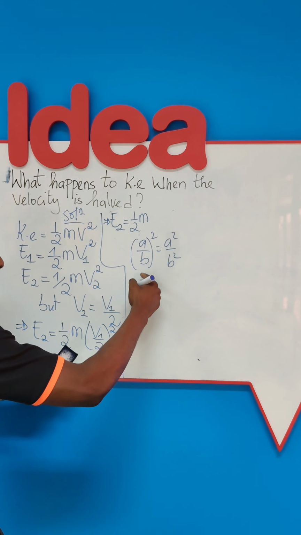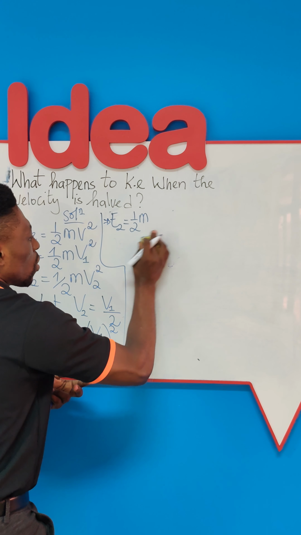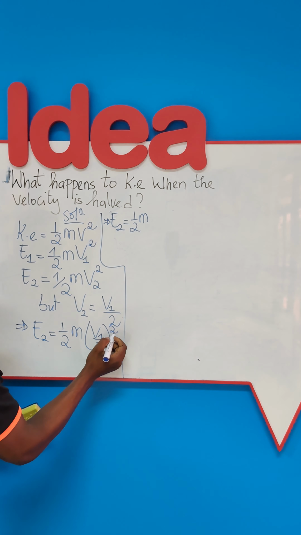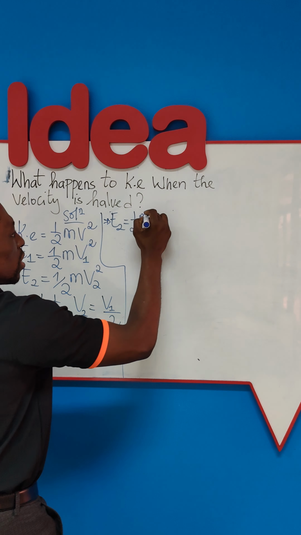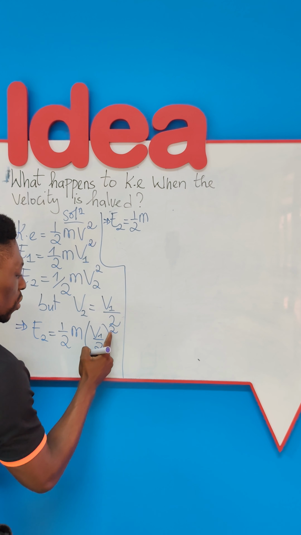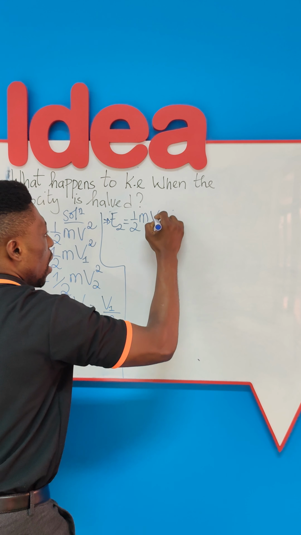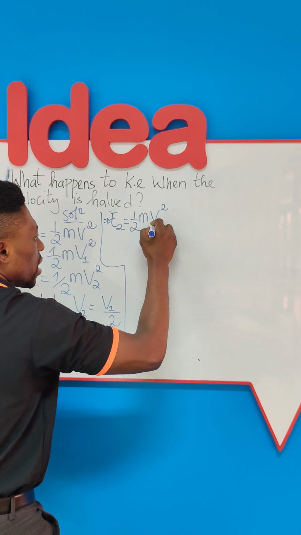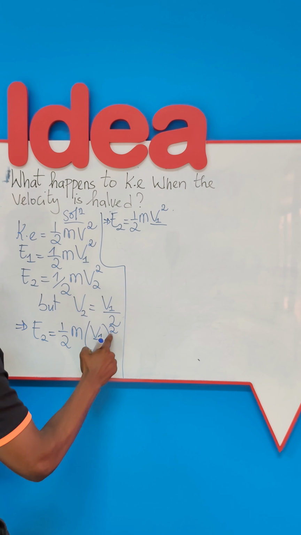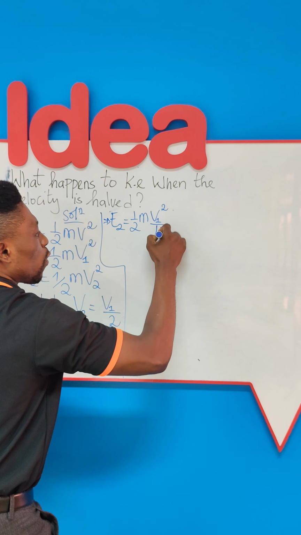So the index becomes shared to each of them. I'm going to apply the same thing here. This square goes to this and to this. So V1 raised to the power 2 will be V1 all squared, all over 2 raised to the power 2, which will be 4.